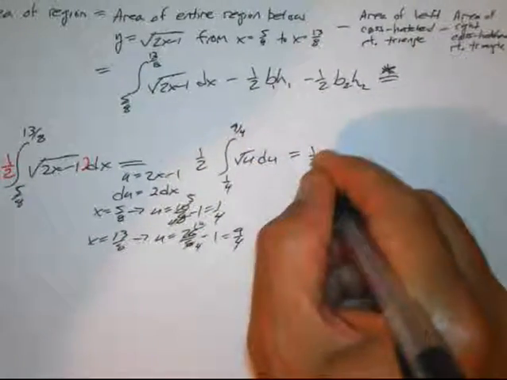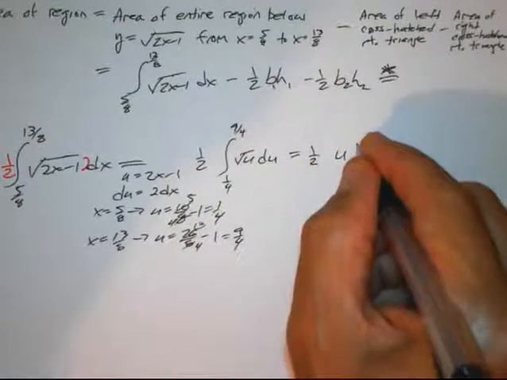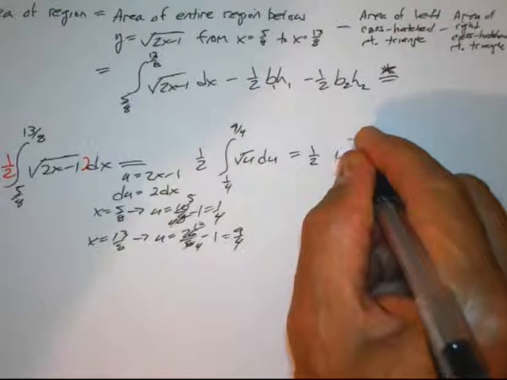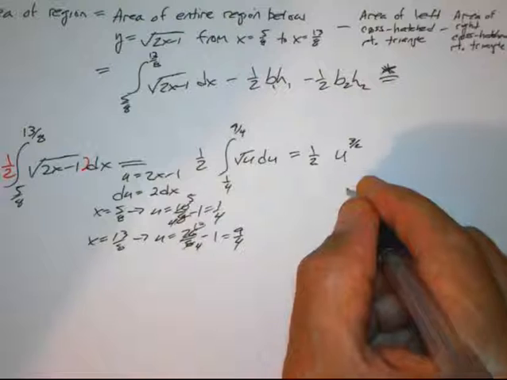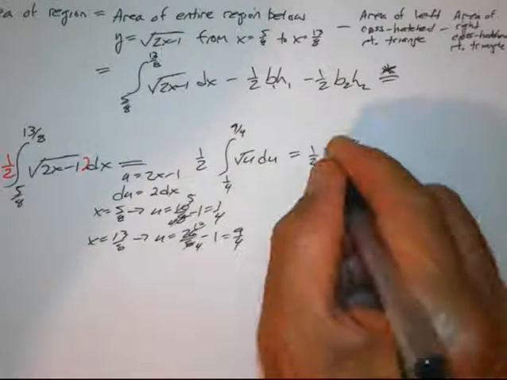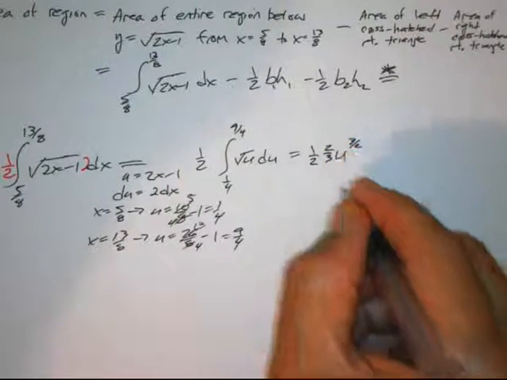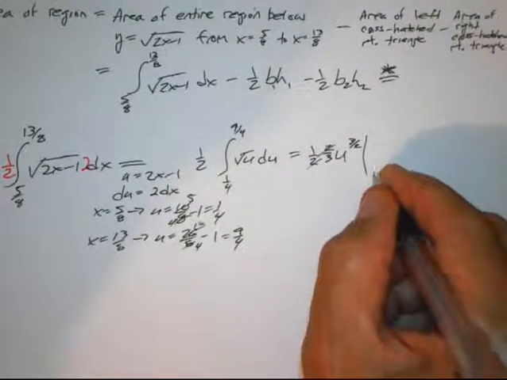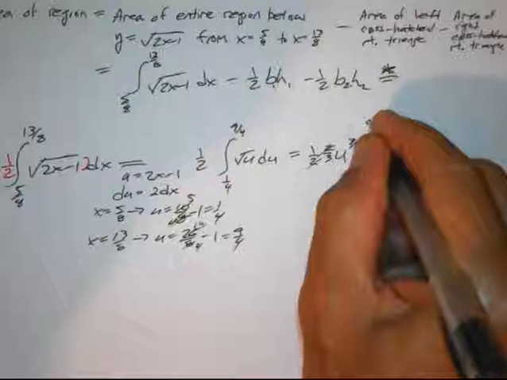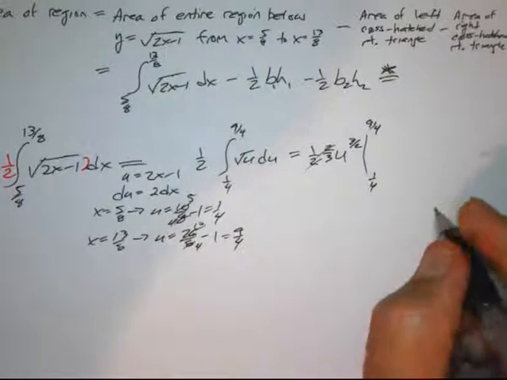So we have the 1/2, that would give us a U to the 1/2 plus 1, 3/2. Divide by 3/2. To divide by 3/2 is to multiply by 2/3. And this goes from 1/4 to 9/4.